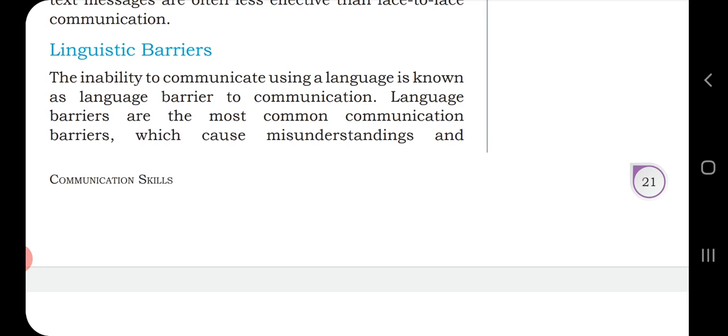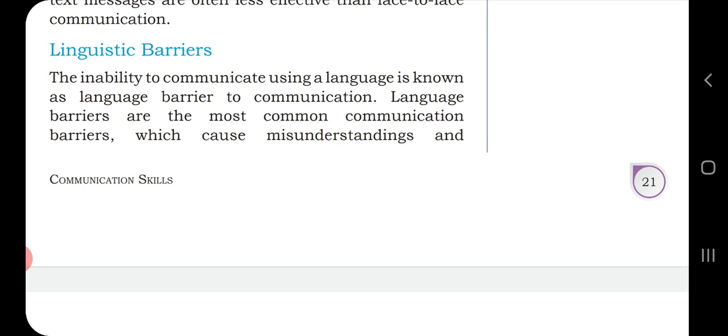You will have to communicate with the help of your facial expressions, gestures and postures, right? So you will have to make use of signs, or you will have to ask somebody who understands your language to communicate what you want to say. So language barriers are the most common communication barriers.